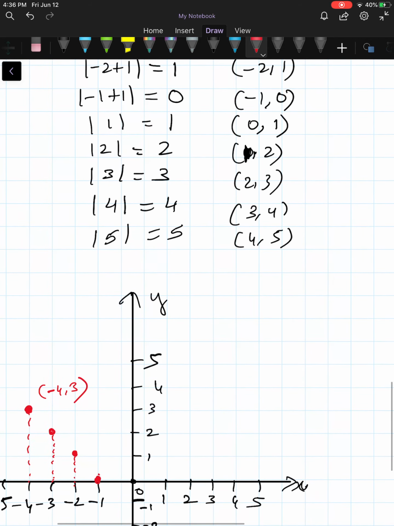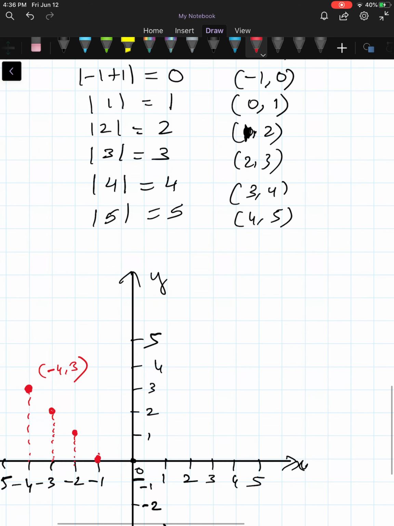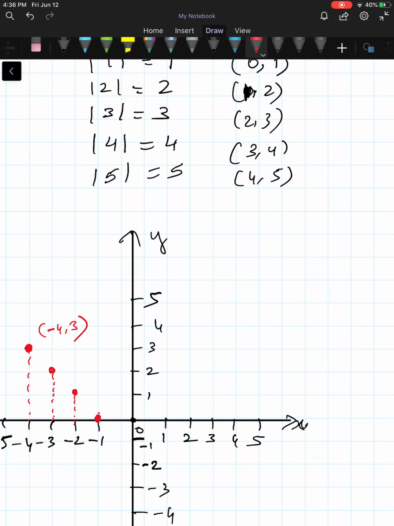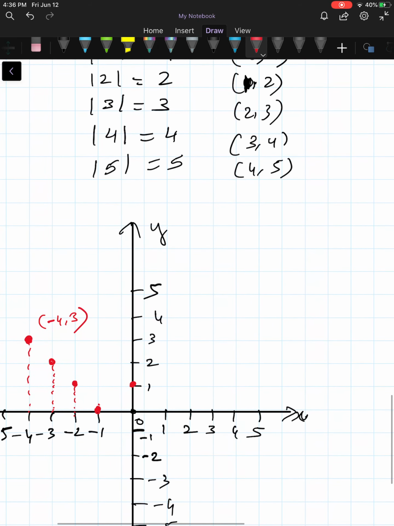Then going for 0 value, 0, 1. So 0, 1 is here, and 1, 2 is here, 2, 3 is here, 3, 4 is here, 4, 5 is here.